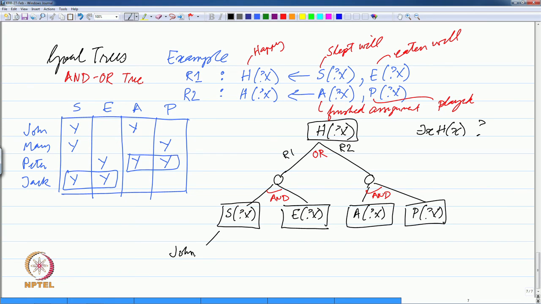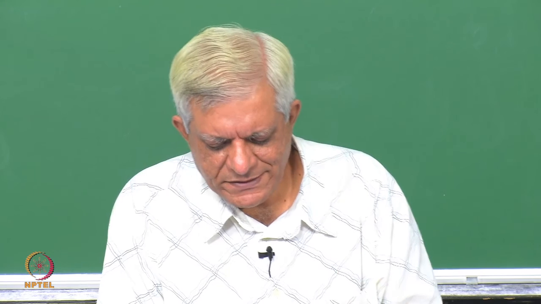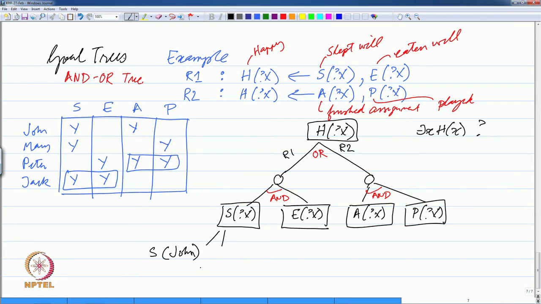So, when I say write John here, essentially I mean S John essentially, that John has slept well, that the formula S John is true essentially, and S Mary is true, and S Jack is true. For the others I will just write the names.